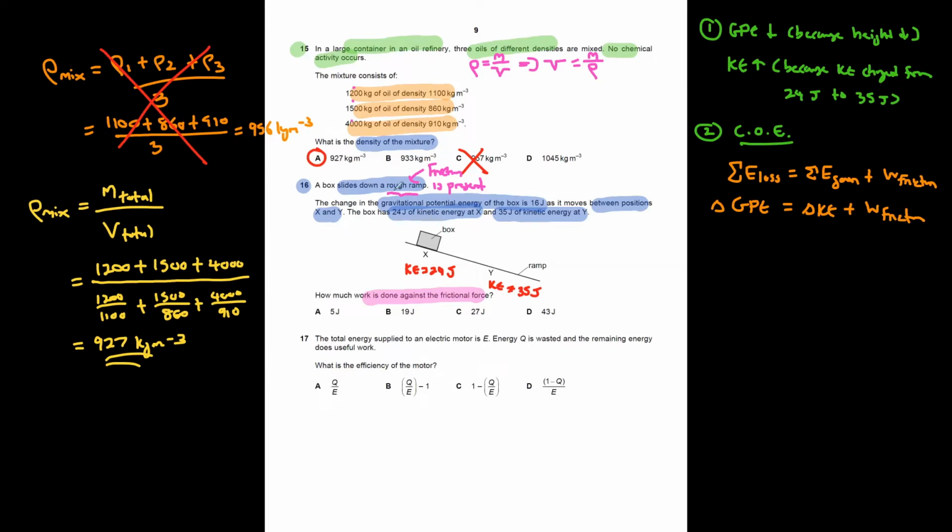So my GPE loss, I already know the value as 16 joules. My KE gain will be 35 minus 24 plus work done against friction. So therefore, work done against friction would be 35 minus 24 is 11, 16 minus 11 is 5 joules. So my work done against friction is 5 joules here. So answer is A for this one.